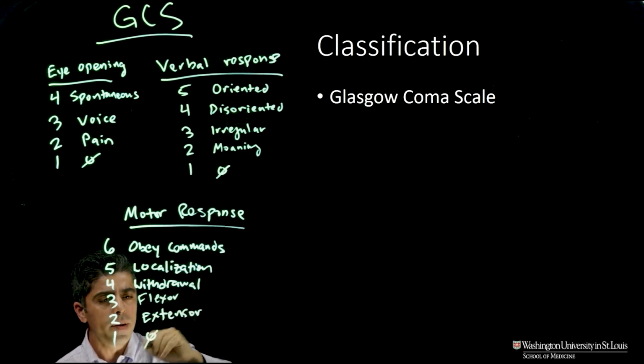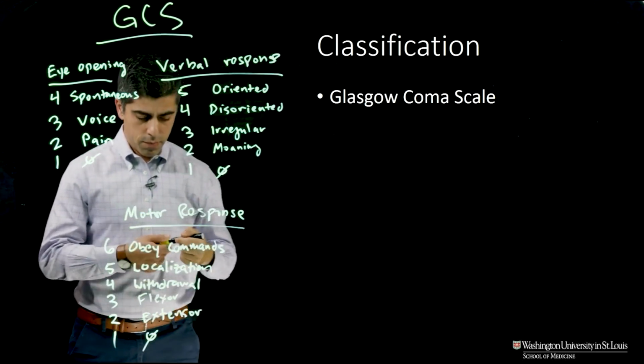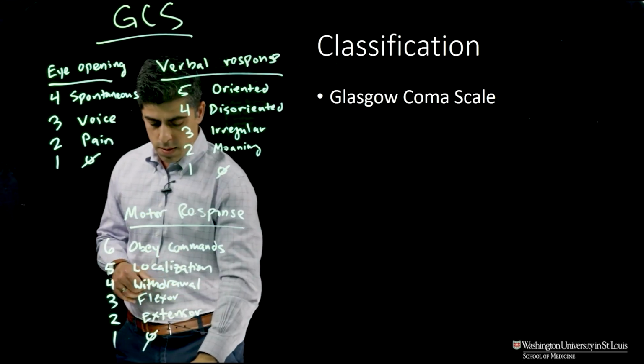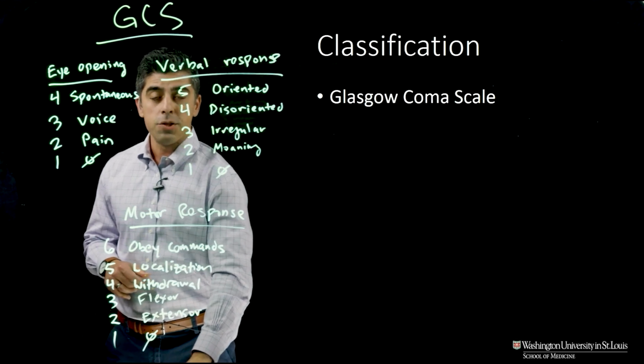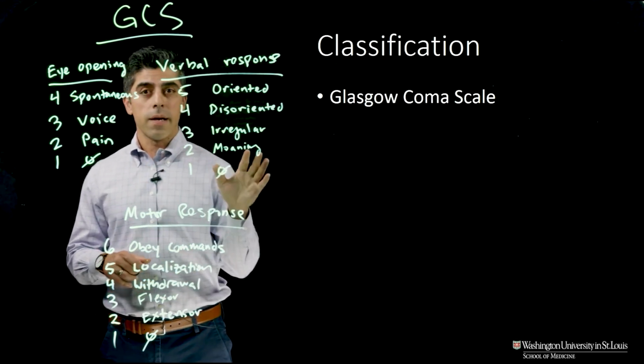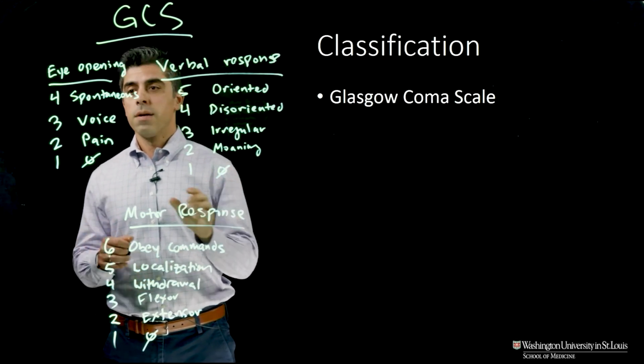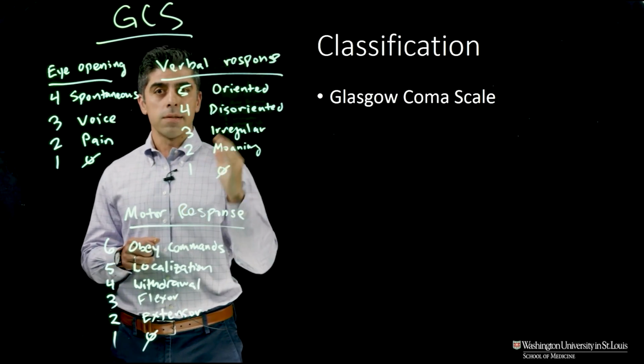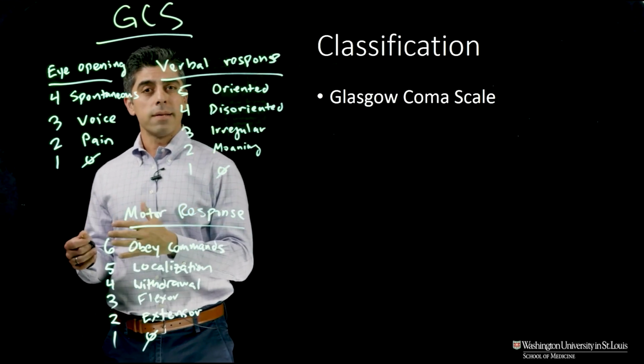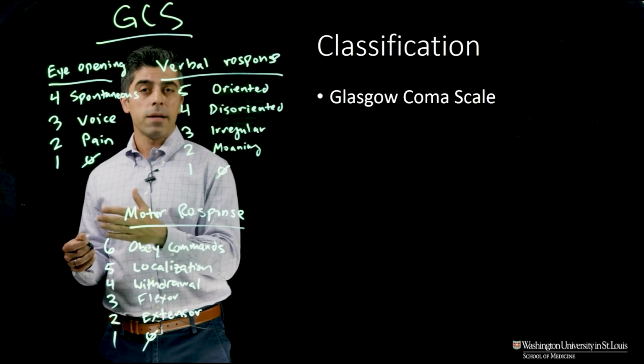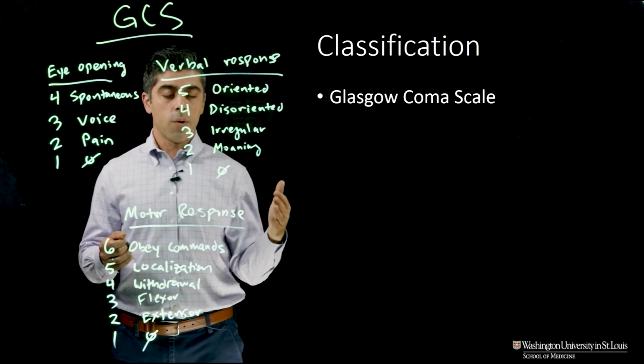And 1 point for no movement. And so when calculating the GCS, we want to calculate all three classes and look at eye opening, verbal response, and motor response.